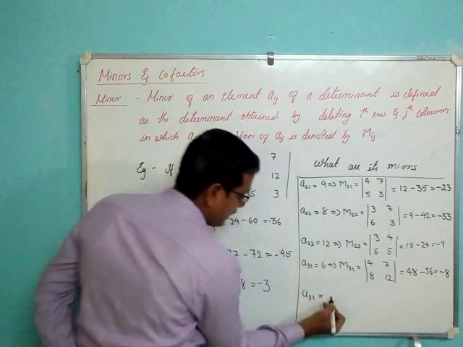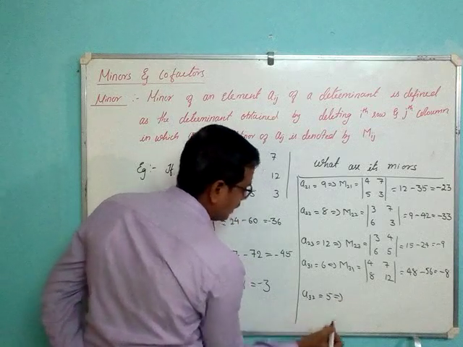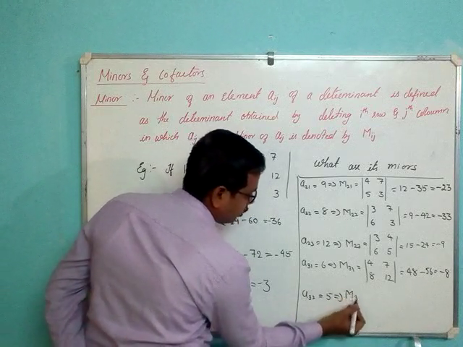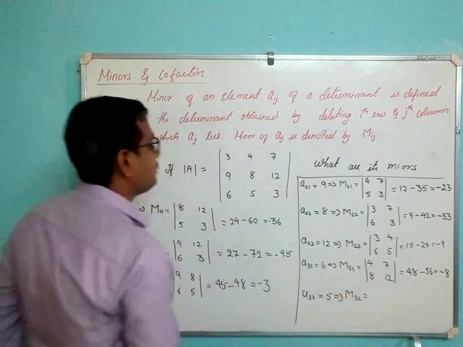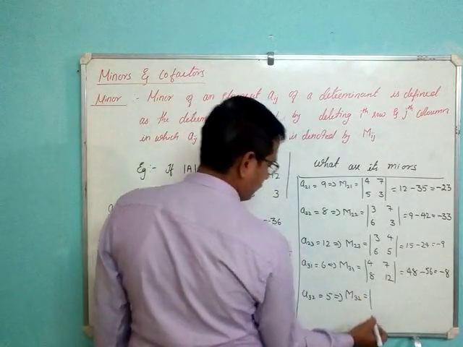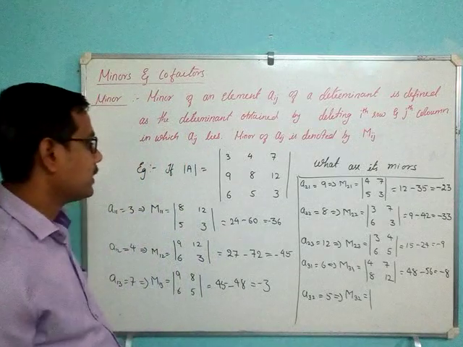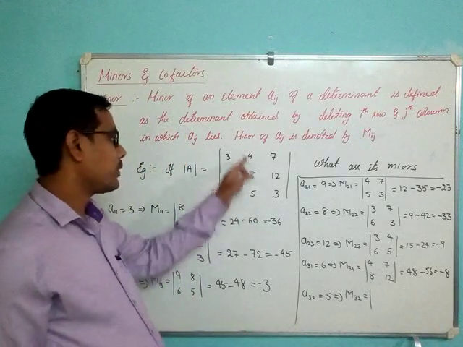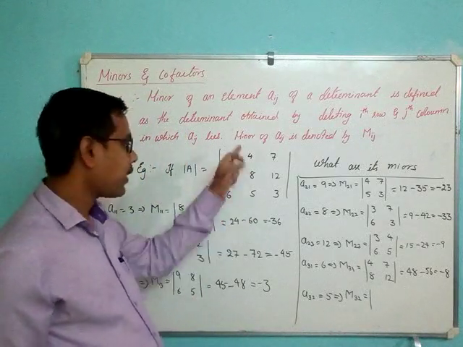A32 is 5. Similarly, M32 is, see, 5 is there in third row and second column. So neglect third row and second column.